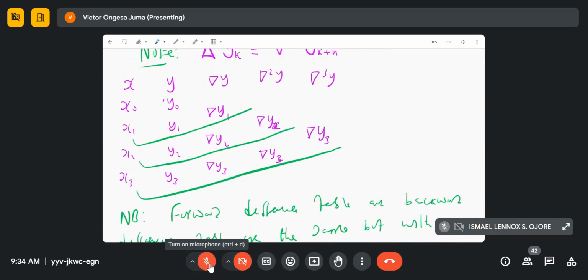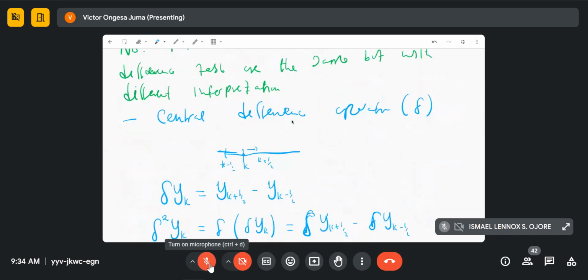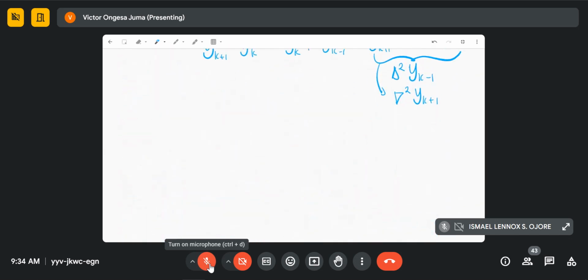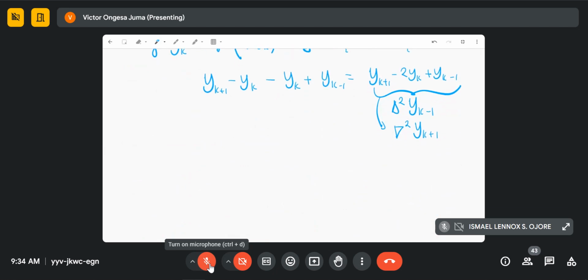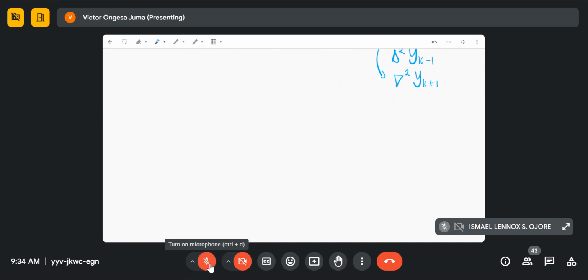So if you go to for example the y naught, you are here, and then you only start coinciding at the intermediate values. So we will look at the relationships between these differences maybe in the next class. Let me just today make sure that I give you the definitions.